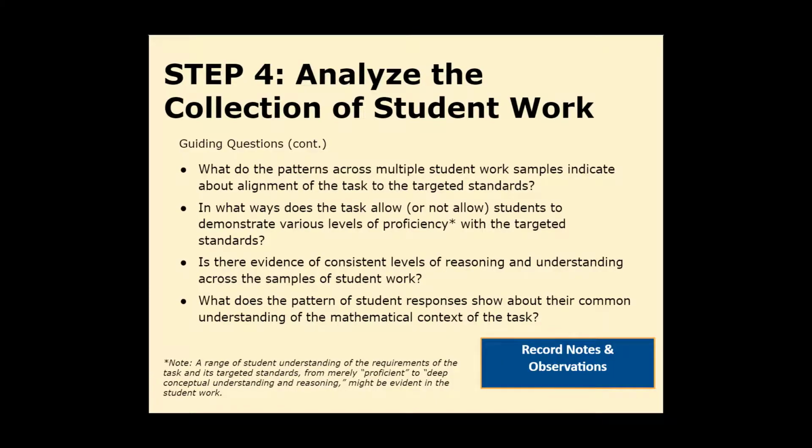So step 4 has you analyze the collection of student work and looking at patterns that might exist, looking for components that it seems as though a lot of the class understood, and looking at how that was taught to see if there was anything that really spoke to that class and was really beneficial for them.